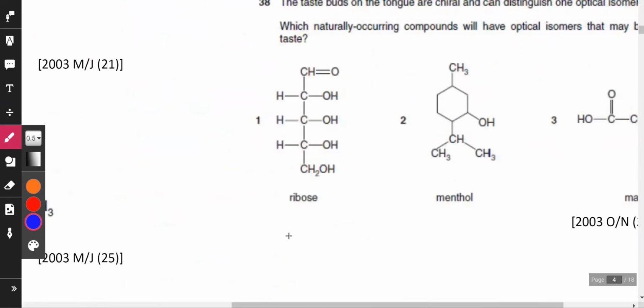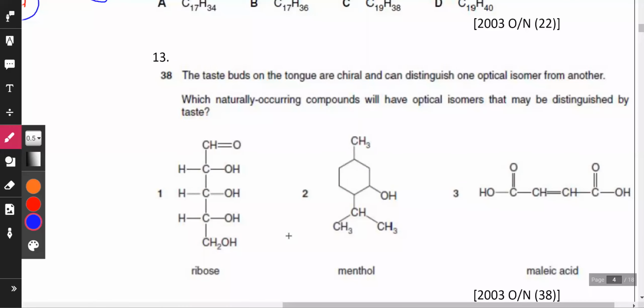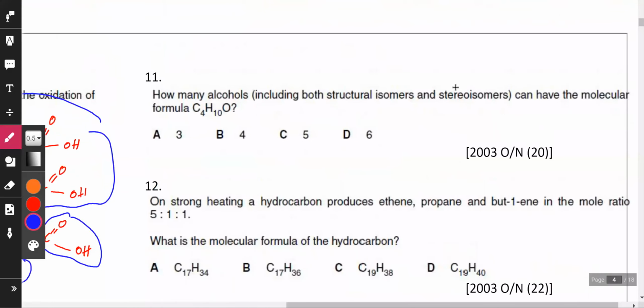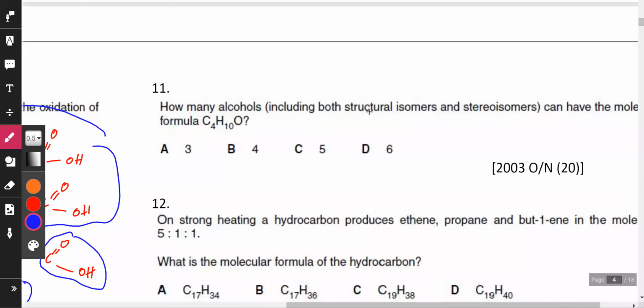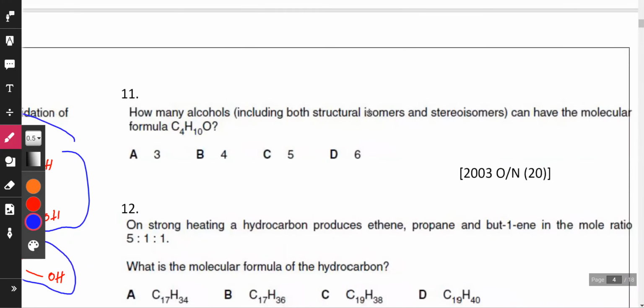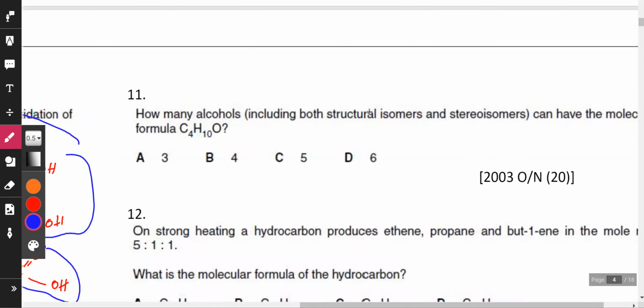Ignore this. I said this one. How many alcohols? Try sending the answer to me. Take a snapshot, or I'm going to send this worksheet. Remember, there's a limitation: you can only draw alcohols, and the alcohol must have a formula of C4H10O.